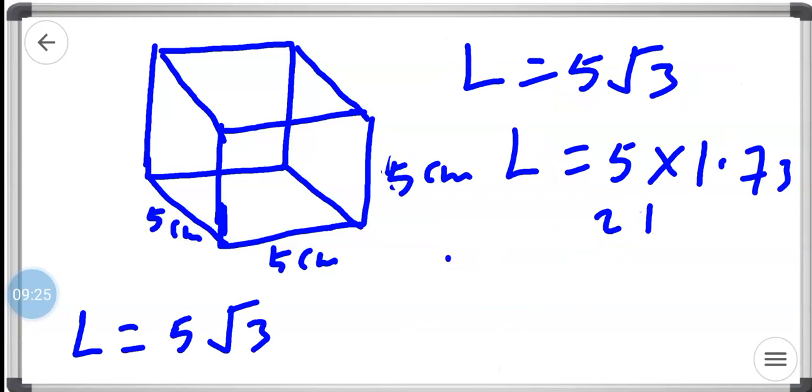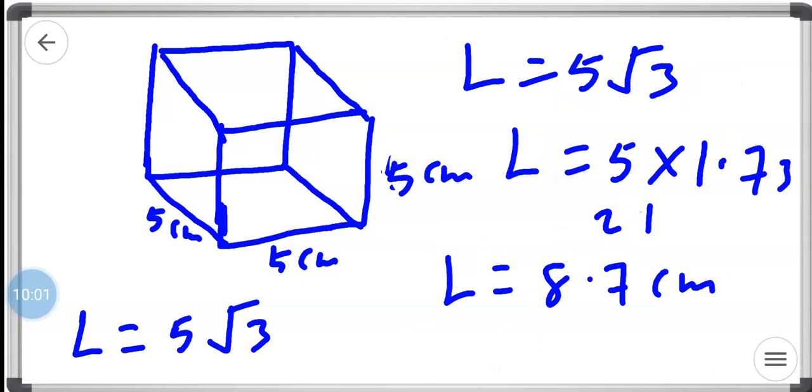If we multiply, my length now equals 8.7 centimeter. So that's the length of the diagonal. We said L equals x root 3, and from this question x is 5 centimeter. So L equals 5 root 3, where root 3 gives us 1.7321. Multiplying 5 by 1.7321, we get 8.7 centimeter.